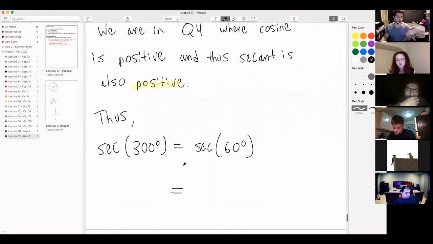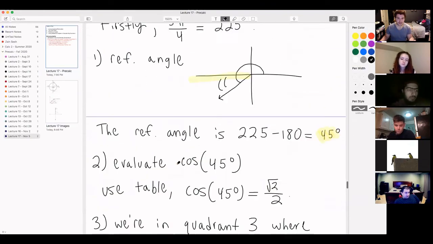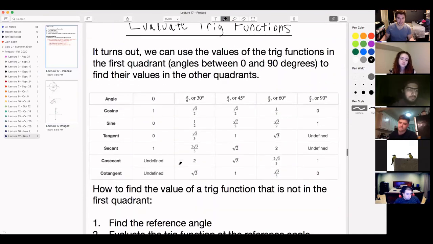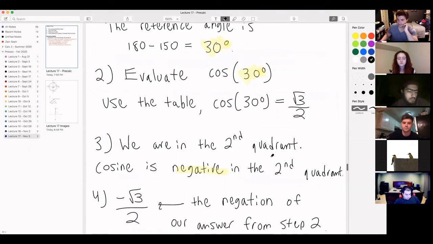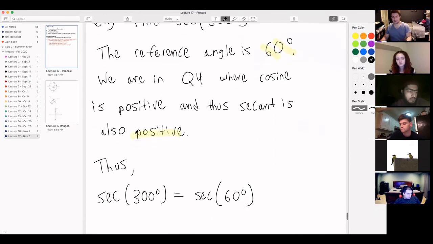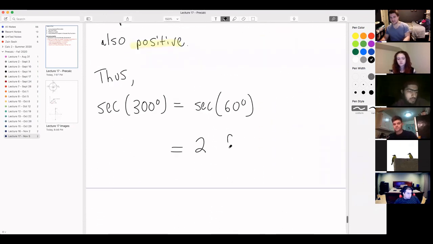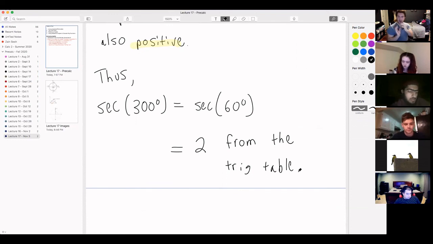And now you go up to the table, this lovely trig table, secant of 60. I go to the secant row, and I travel to the 60-degree column. It's 2. Very nice. 2 from the table. So as I said, all of our work in the first quadrant has now opened up the second, third, and fourth quadrants to us.